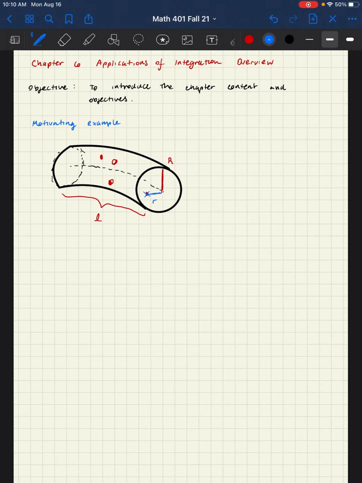If you think of this cross section as basically circular, this little r is how far away you are from the center.